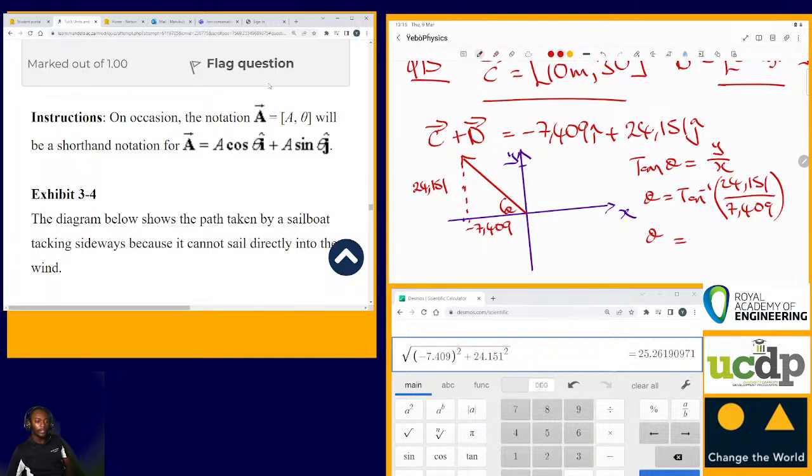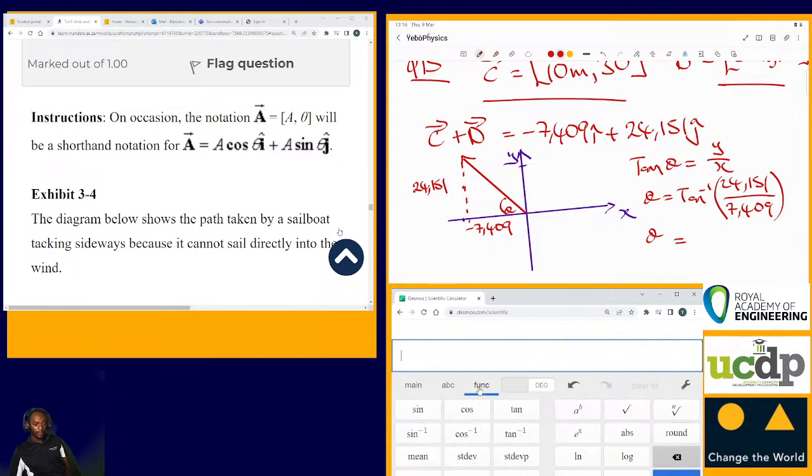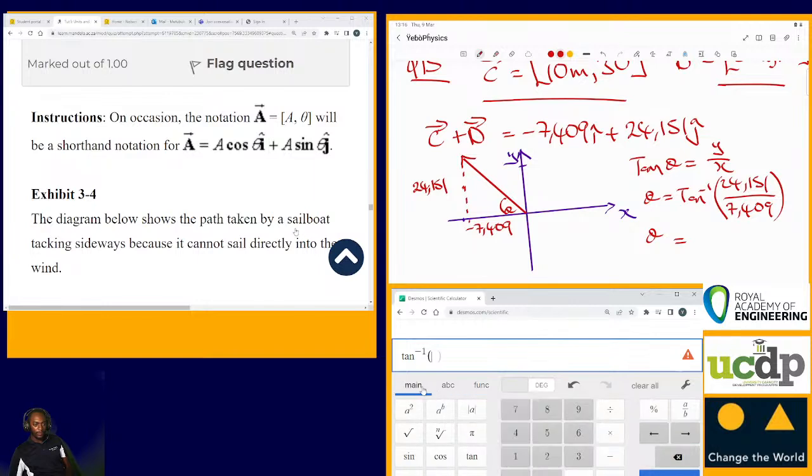Now we have to punch it in and clear that. Arctan, need a fraction.